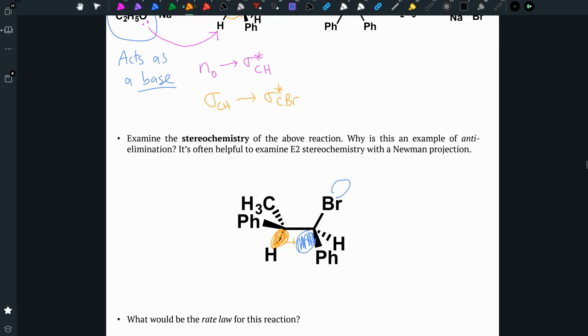It's donating into sigma star CBr. And at the same time, my oxygen lone pair, in this case it's ethoxide, is going to have to donate into sigma star CH.